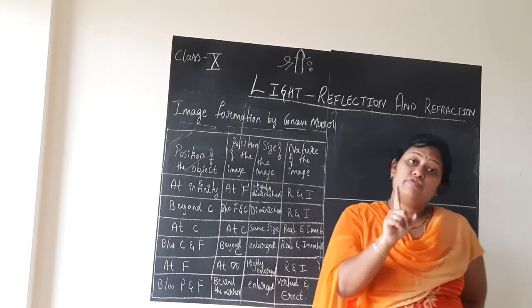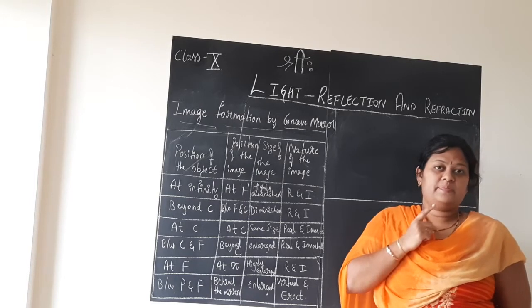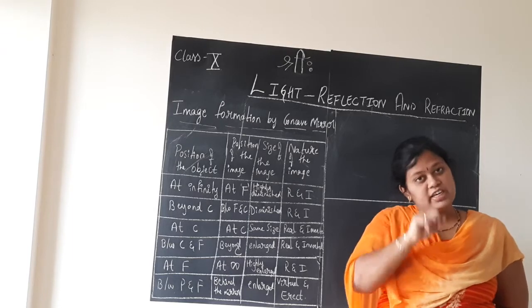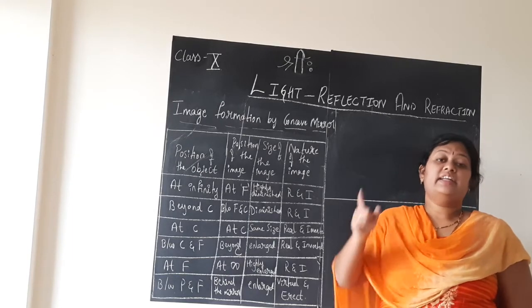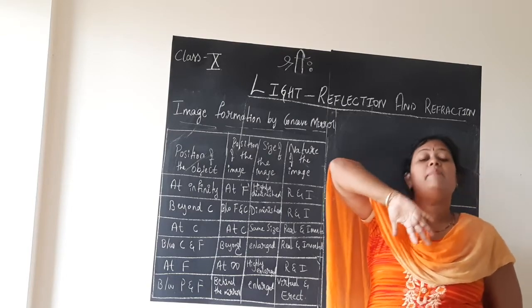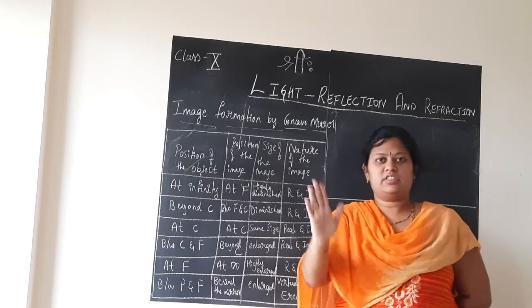Whenever an image is formed, children, it is formed on the retina. The image formed on the retina is always the inverted image. That inverted image will be made erect again. If you look at something, will it look upside down for you? Will it look inverted? No, it looks straight.